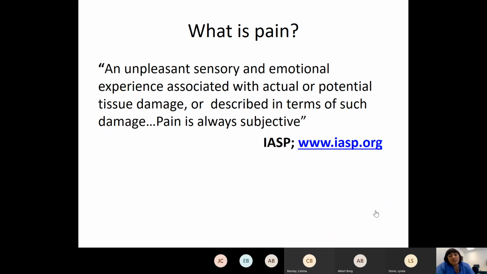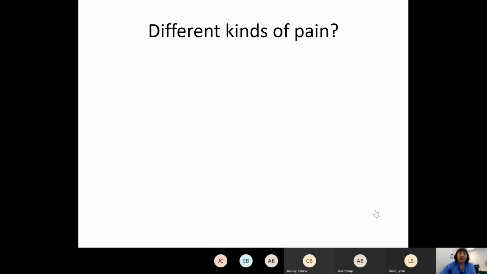An unpleasant sensory and emotional experience associated with actual or potential tissue damage, or described in terms of such damage. But importantly, pain is always subjective. And another definition that I've heard is pain is what the patient says it is, which is not always easy to disentangle.